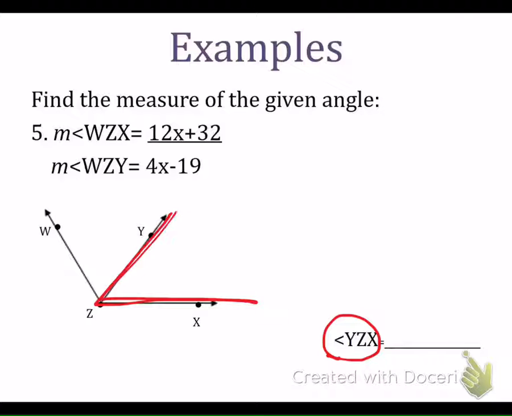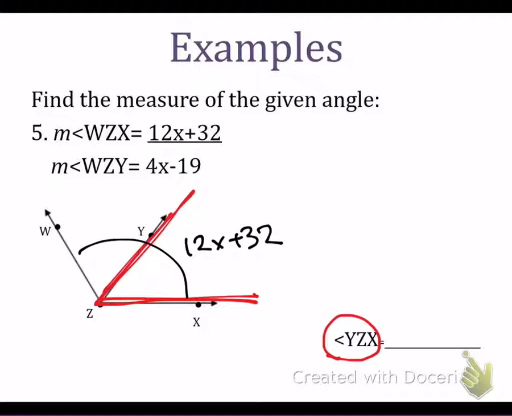So this guy right here, I'm going to trace it in red. What I know is that WZX, so the whole thing, the way I usually do that to show the whole thing, is 12x plus 32.